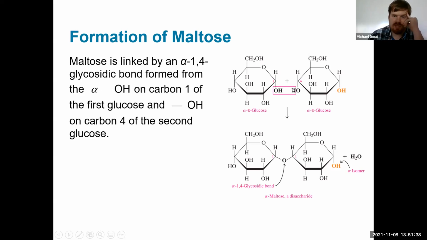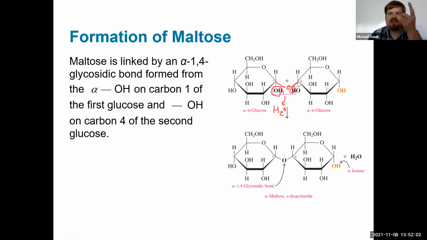Now, there's a dehydration reaction where this OH group and the hydrogen of this are going to leave as water. And that's going to leave us with just an oxygen that's going to connect the two molecules. That's what we can see down here. That's why we call it a dehydration, because we're losing water.